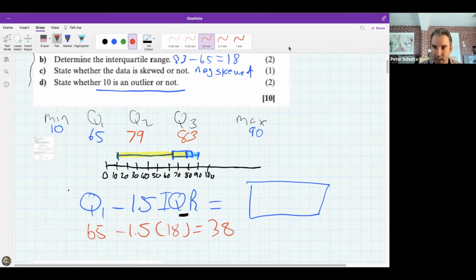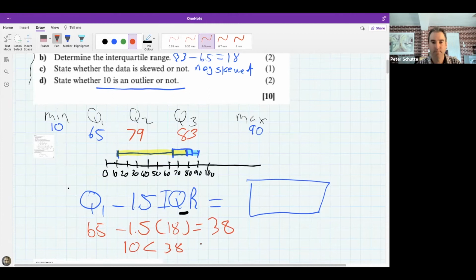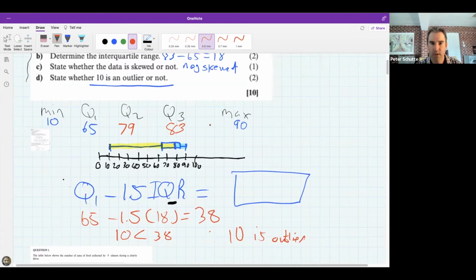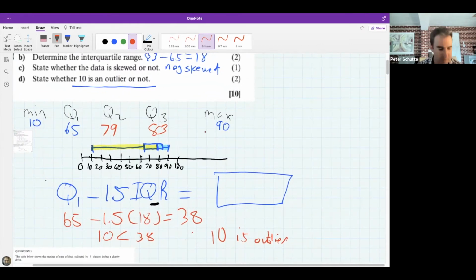So is 10 an outlier? 10 is an outlier, yes, because 10 is less than 38. So therefore, 10 is an outlier. Okay, so just remember that for future questions, if you want the lower bound, it's Q1 minus 1.5 IQR.